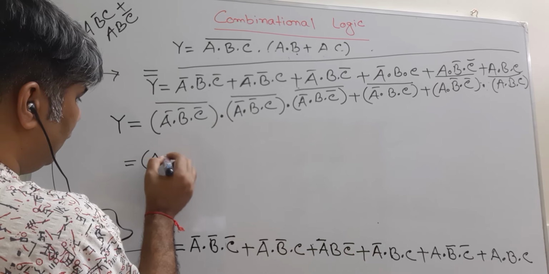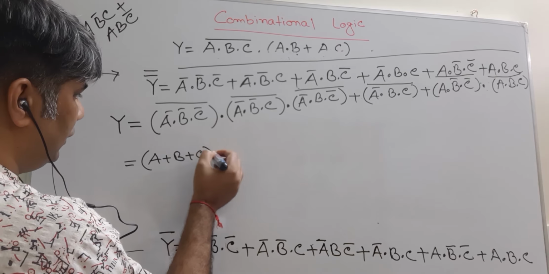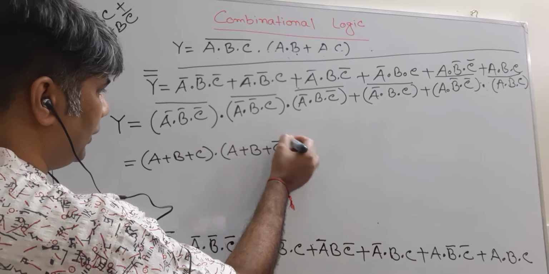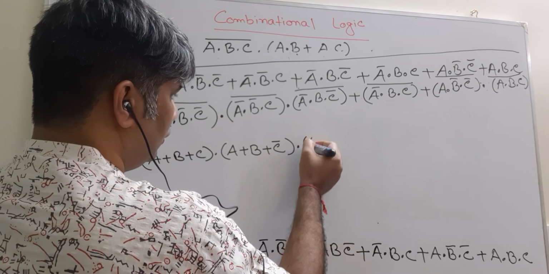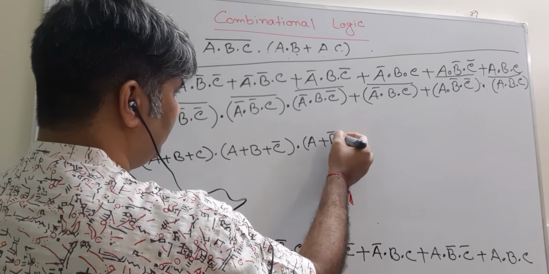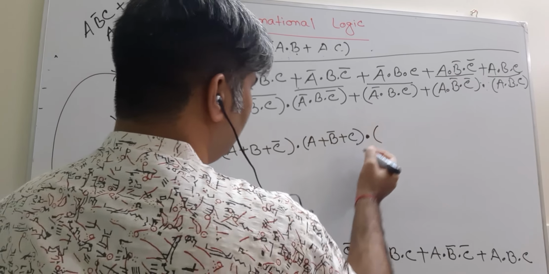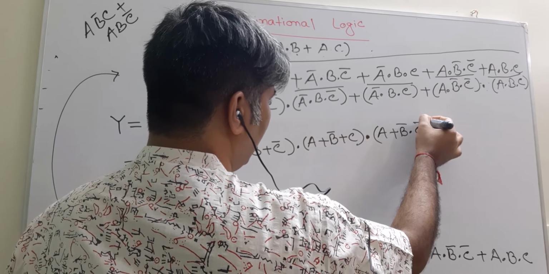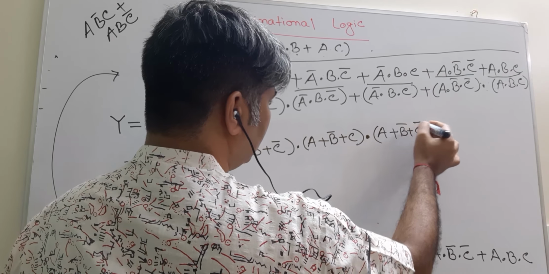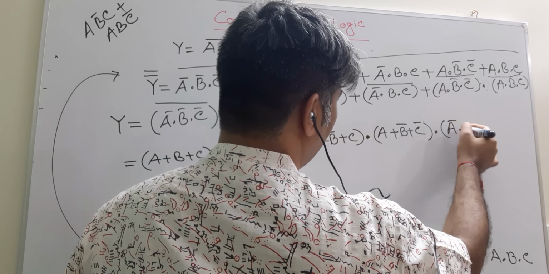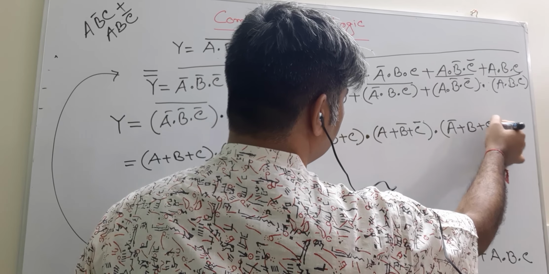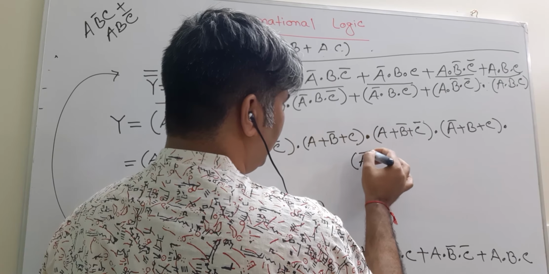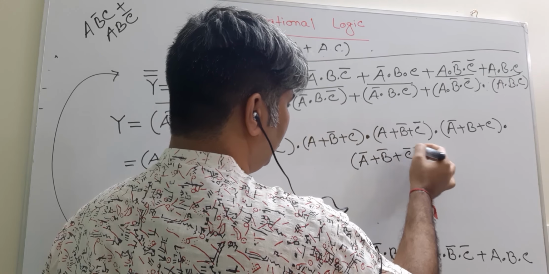We get (a plus b plus c) into (a plus b plus c prime) into (a plus b prime plus c) into (a plus b prime plus c prime) into (a prime plus b plus c) dot (a prime plus b prime plus c prime).